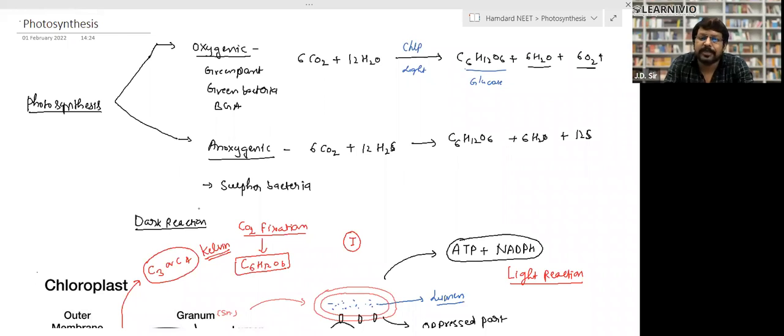Oxygenic photosynthesis is that where production of oxygen takes place along with food in the process of photosynthesis.